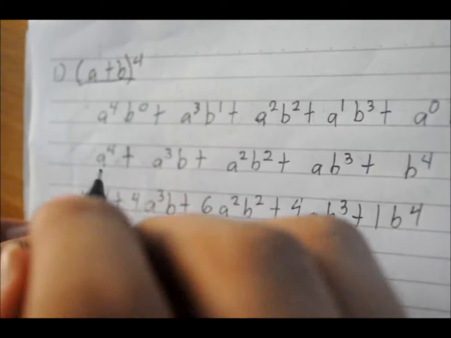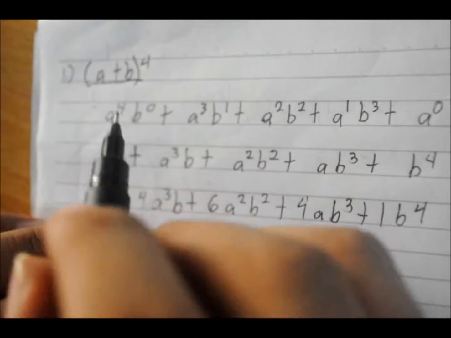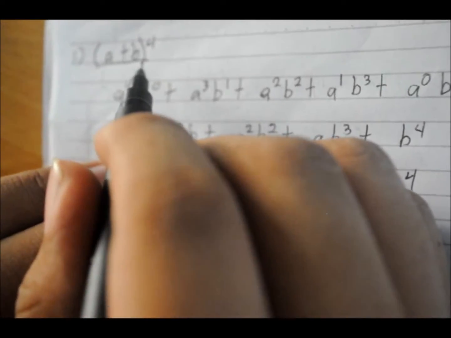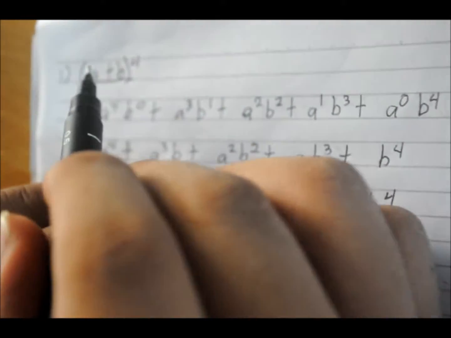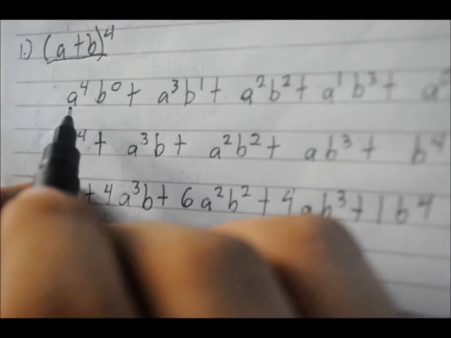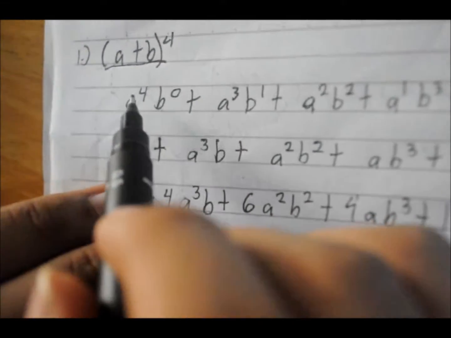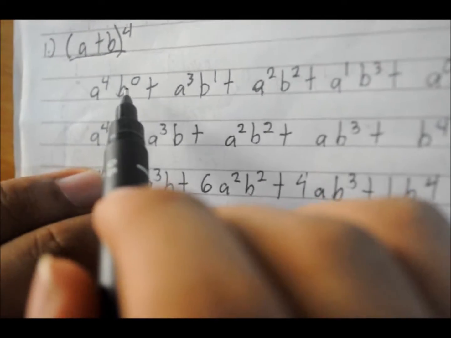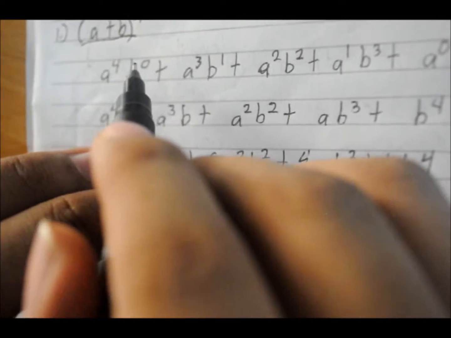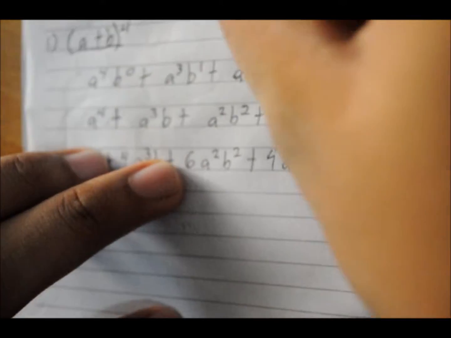(a + b) to the power of 4. We will distribute the 4 among a and b. This is the format: a raised to 4 and b raised to 0, because k is equal to 0, so it's a constant.